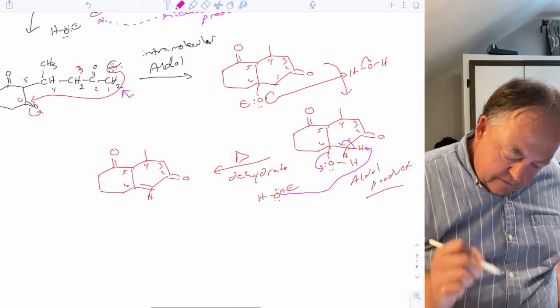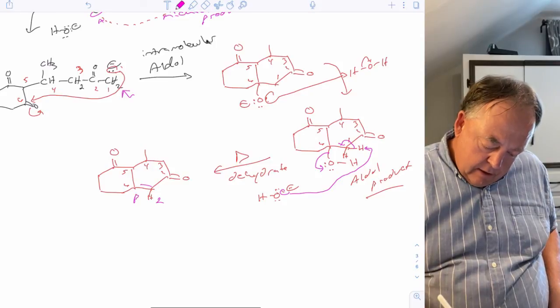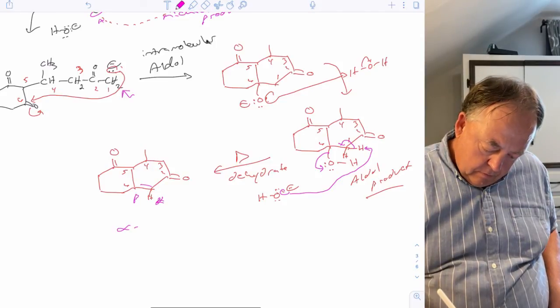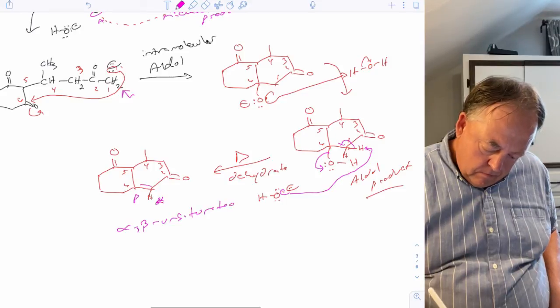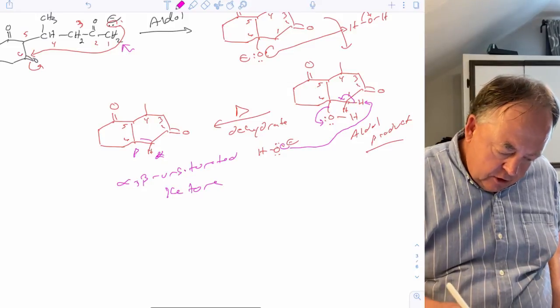And now you have that, right? So now you have an alpha beta unsaturated ketone, so that would be the dehydration product.